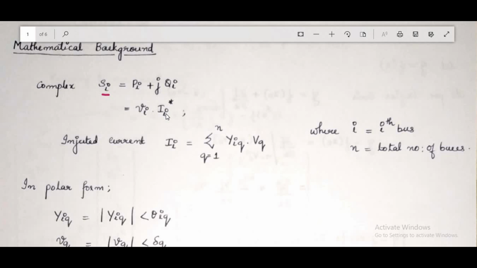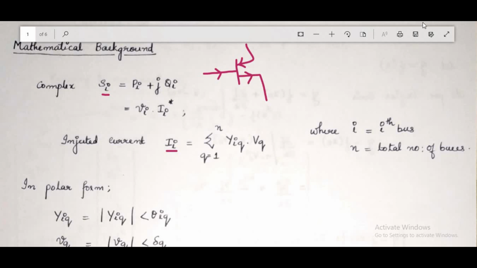Okay. Now, the current injected to any bus will be equal to the sum of currents to that particular bus, isn't it? If there is a particular bus here and here current is coming and here another and here yet another. Here one current is entering and here one current is leaving.